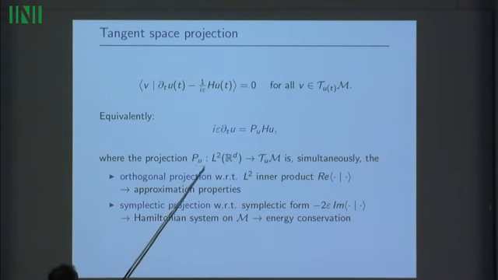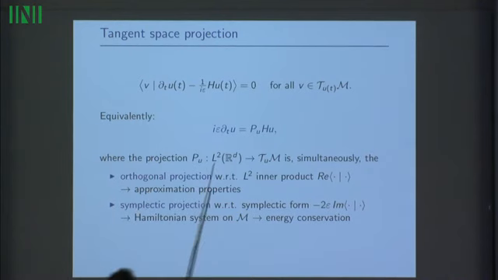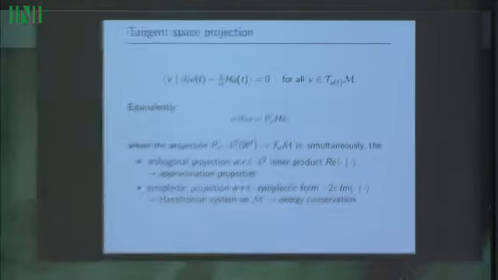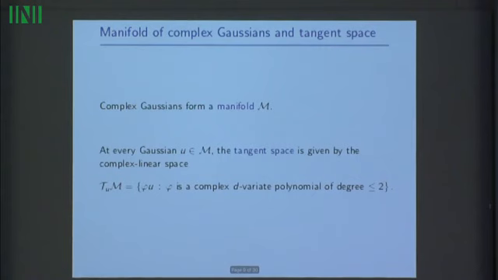And this projection, which goes from L2 into our tangent space, can be given two fundamentally different interpretations, which here luckily coincide. Namely, if you take the real part, so, well, there's one thing. For a Gaussian manifold, it is a complex linear manifold, which means that the tangent space is complex linear. This is not quite obvious from the definition of the Gaussians, but it's obvious from here.